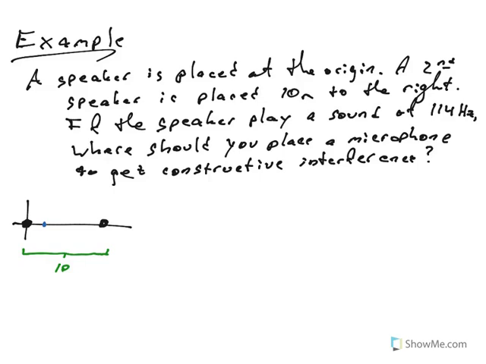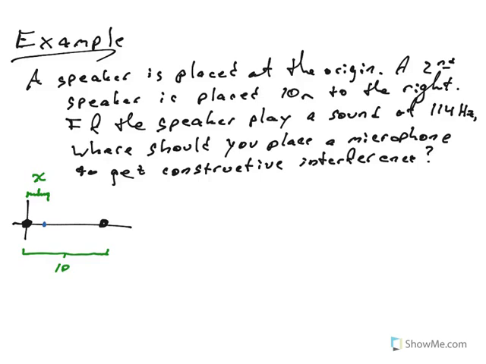So when you're asked where should you place a microphone, generally that means, how far from the origin? 2 meters away, 3 meters away, where should it be? So we'll let the distance from the origin, or from the first speaker, to where I expect my microphone to be, I'll call that X. And that's what I want to find. What is this distance X?